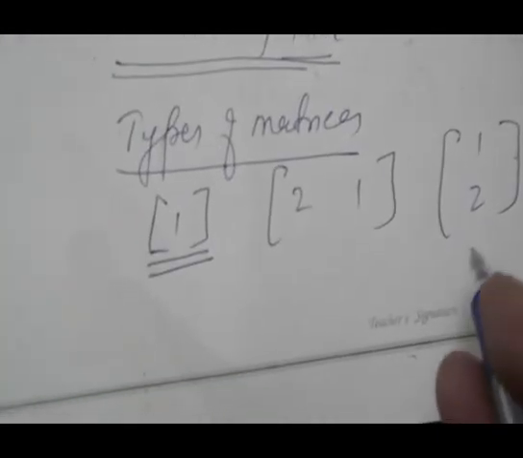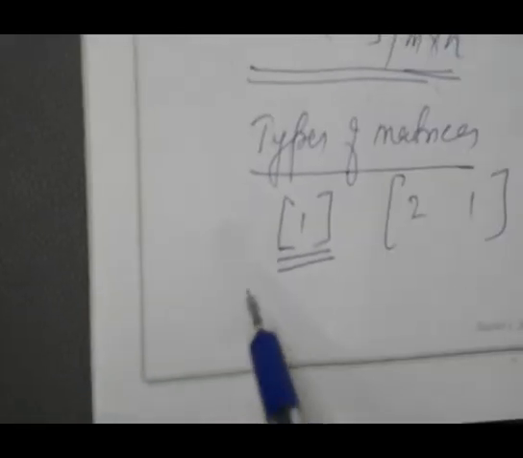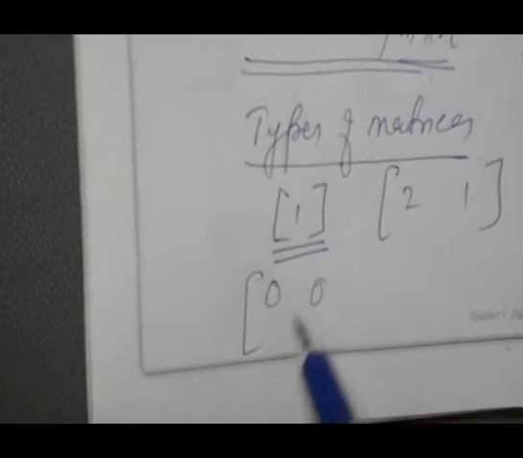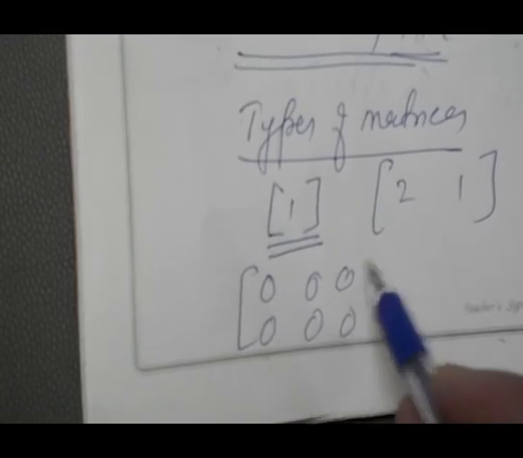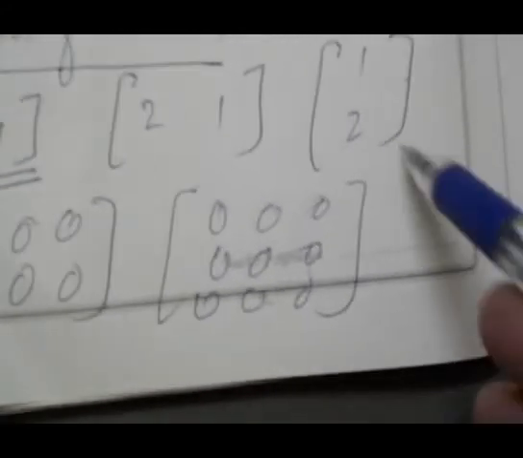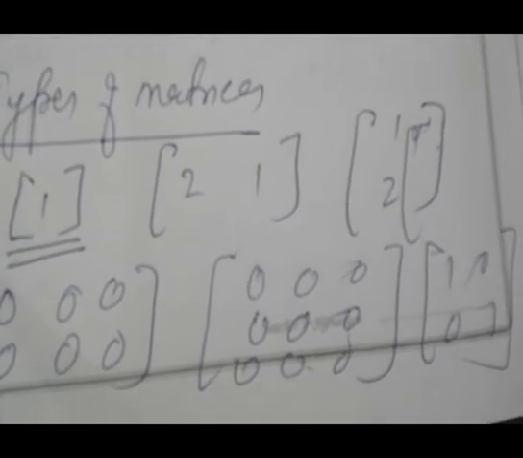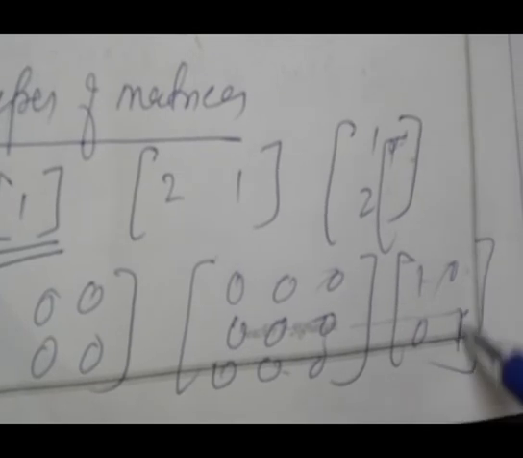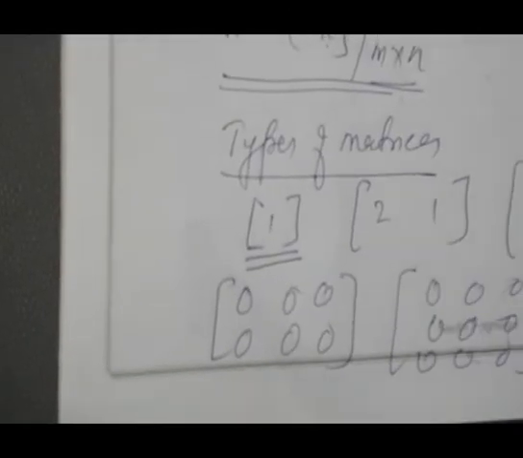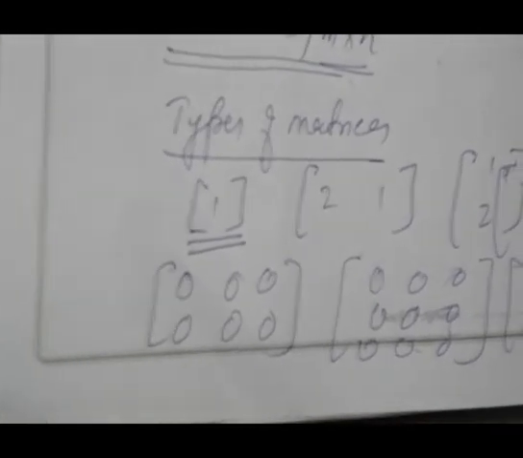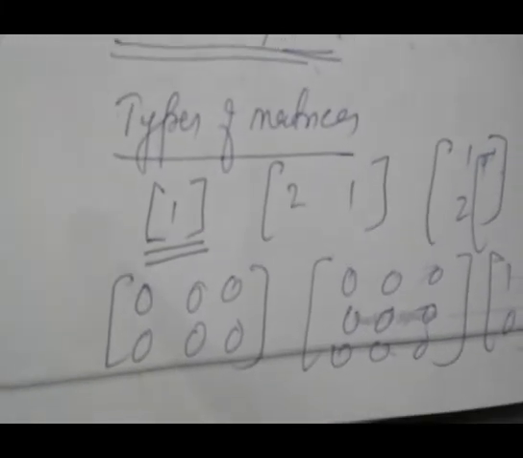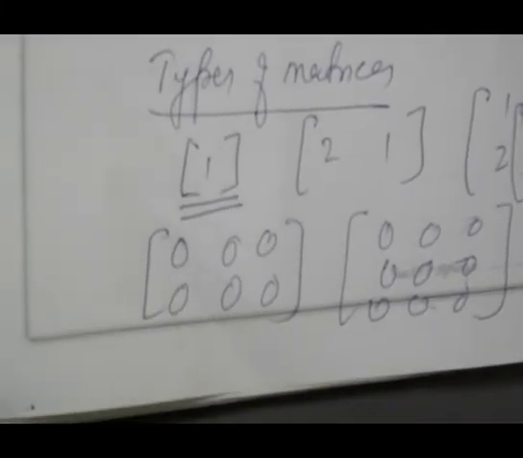Certainly they must be matrices. What if 0, 0, 0, 0, 0, 0? What if 0, 0, 0, 0, 0, 0, 0, 0, 0? If someone writes 1, 0, 0, 1, these are different types of matrices and must have some names.